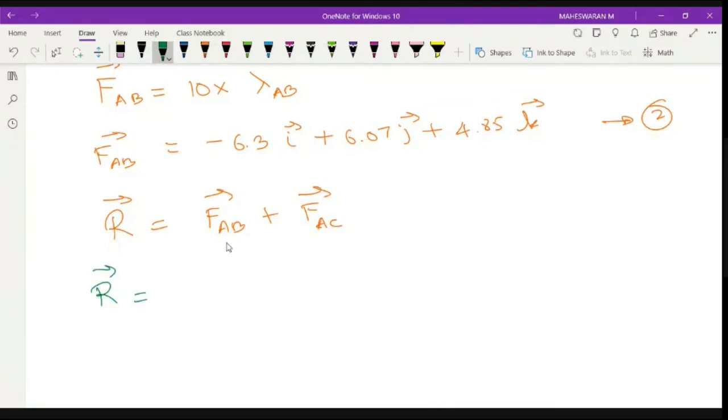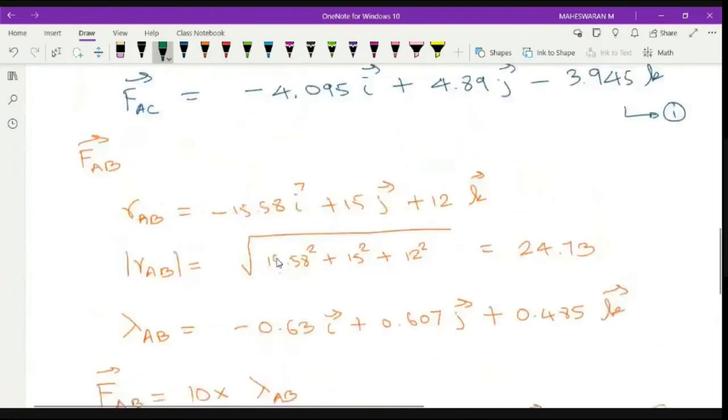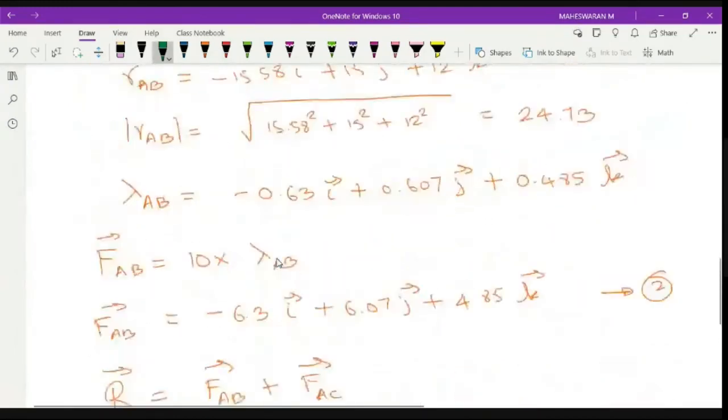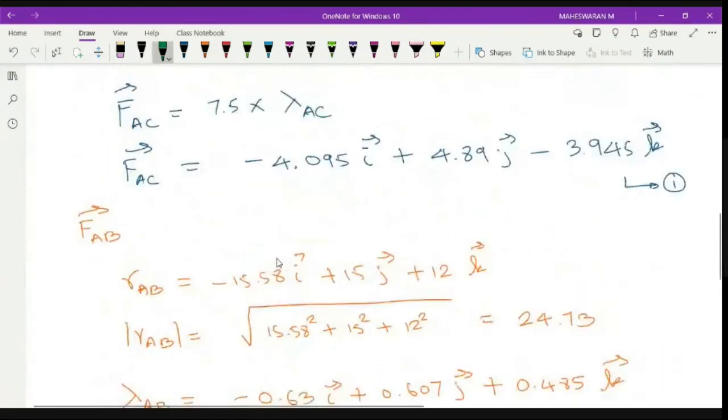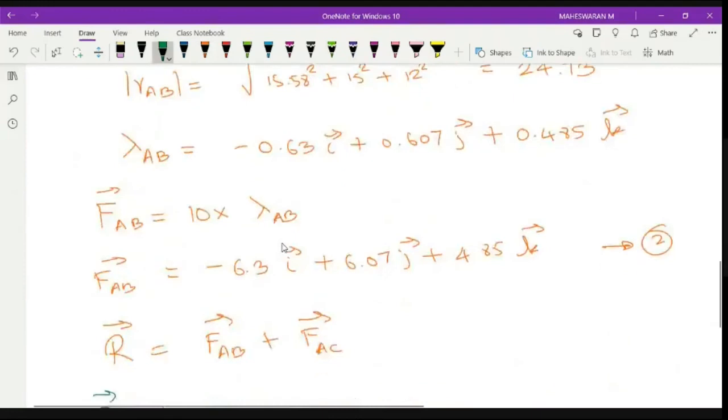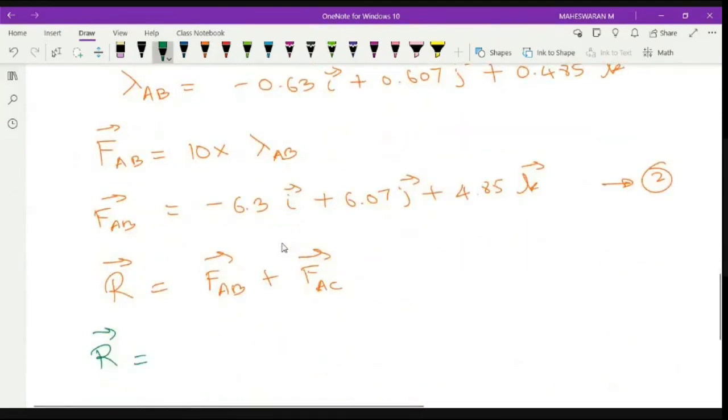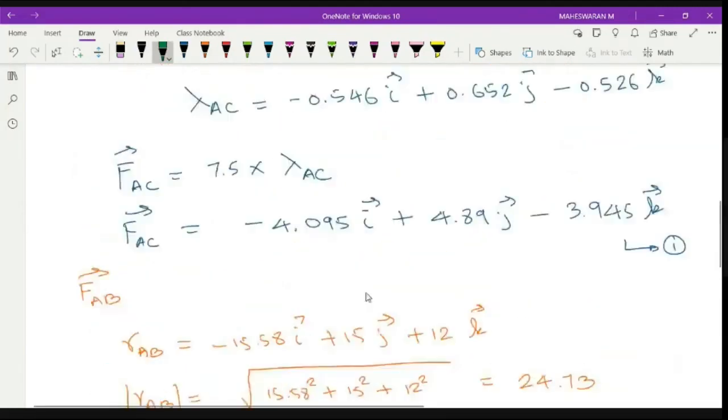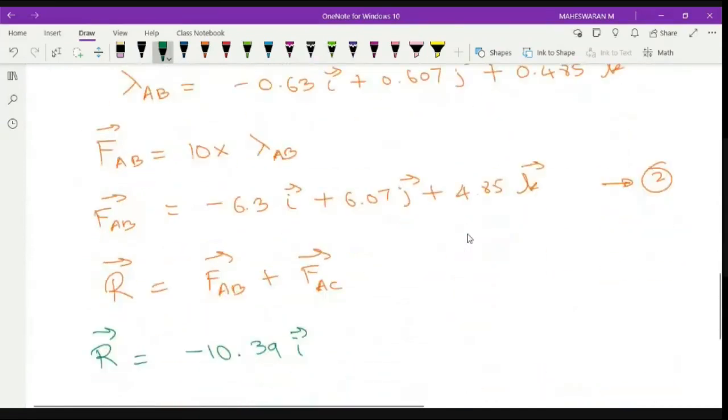So adding this two, I vectors in equation 1 and 2: minus 4.09 minus 6.3. So you are getting minus 10.39 I vector.